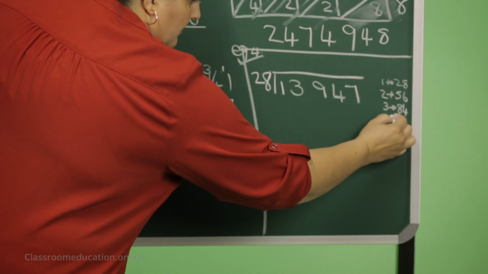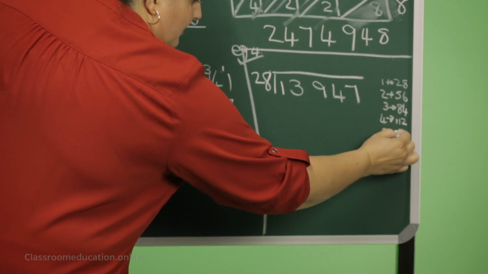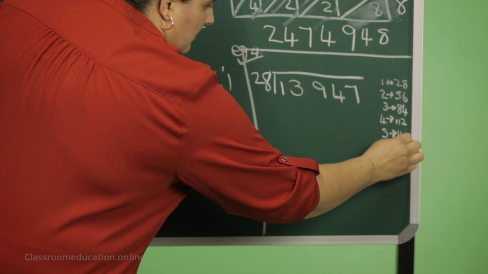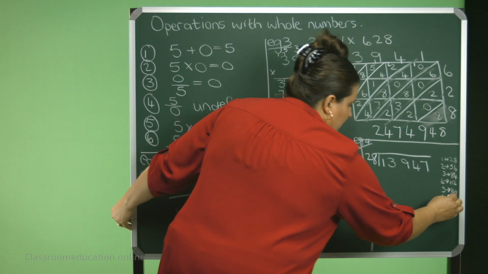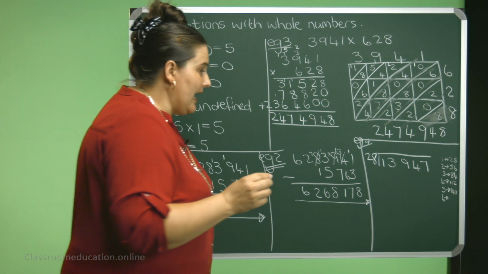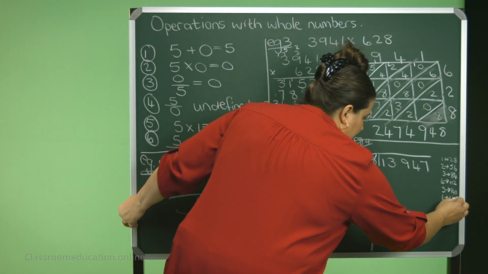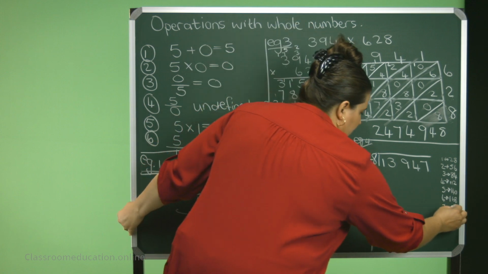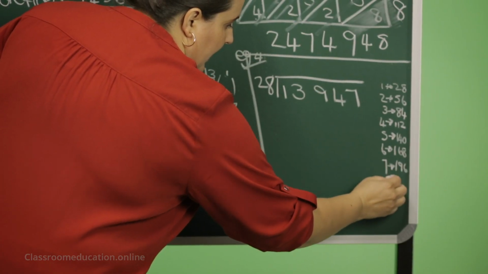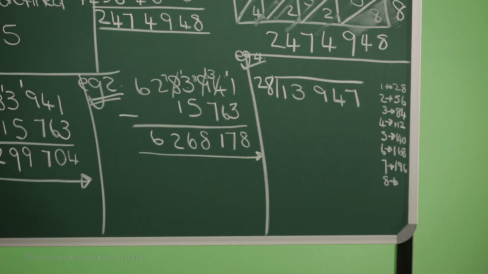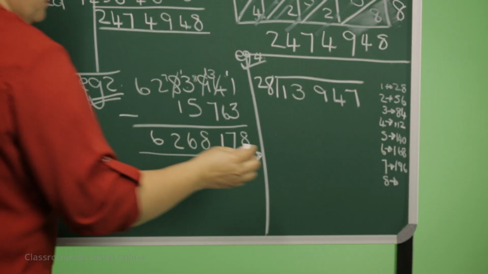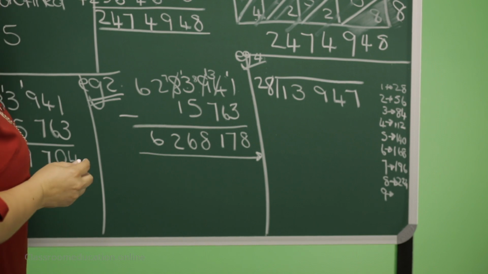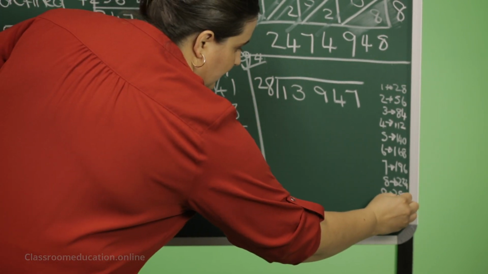112. 5 times 28, 140. 6 times 28, 168. 7 times 28, 196. 8 times 28, 224. 9 times 28, 252.